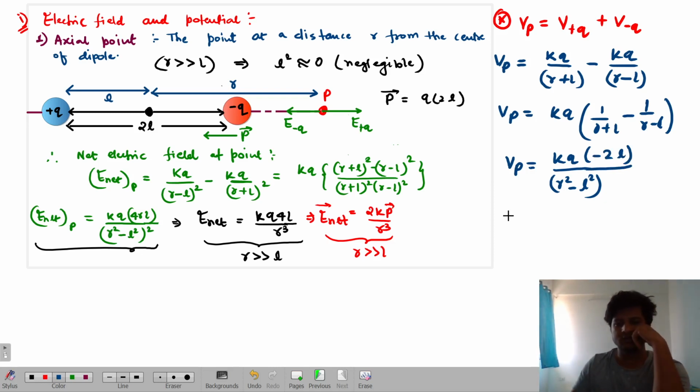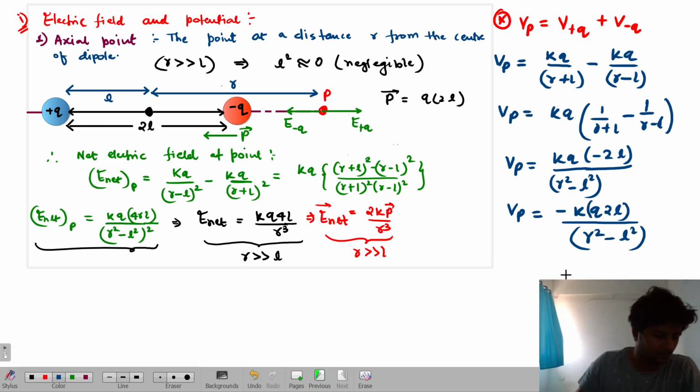Is that clear? So potential at point P is minus KQ into twice L divided by R square minus L square. This is my original equation, isn't it?